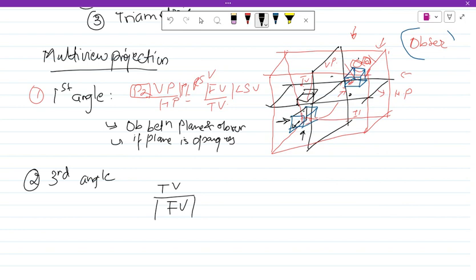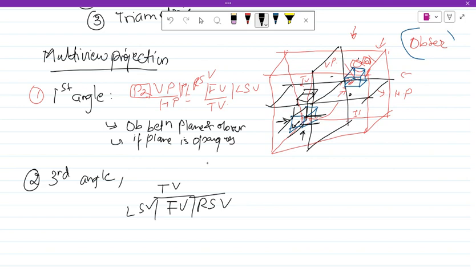So in this third angle projection, the views are extracted, not projected. This is extracted there, this is extracted there. If the observer is there, this side is extracted on this side, and this will fold. So this is the left side view, and this is the right side view. This kind of convention is known as third angle projection.